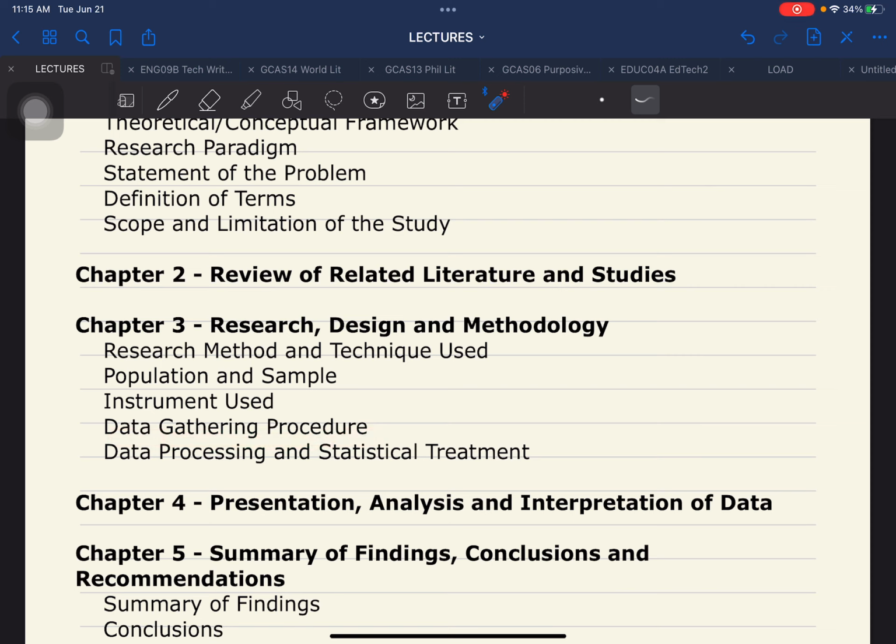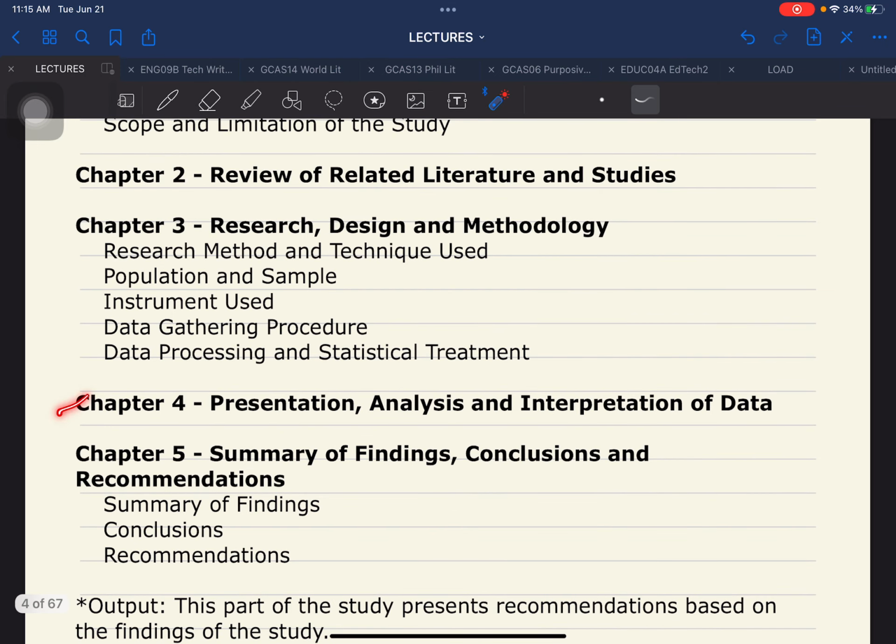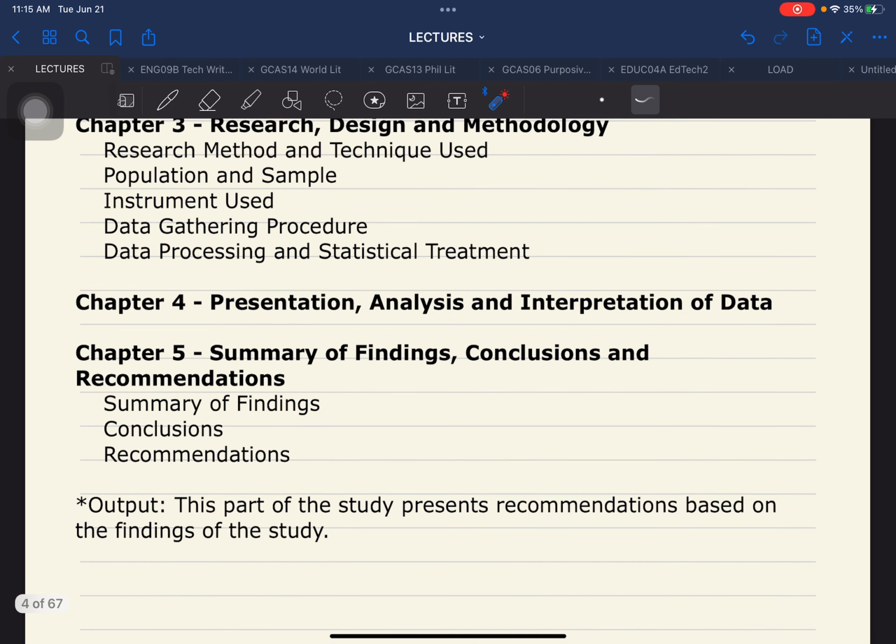By the way, this type of research format is applicable to quantitative research. And then chapter 4 is entitled Presentation, Analysis, and Interpretation of Data. This usually contains the tables that you statistically analyzed, and the guide for the presentation of the tables should be the statement of the problem of your study.